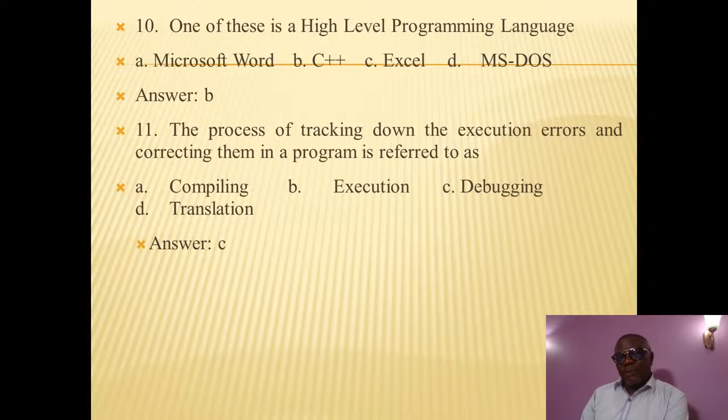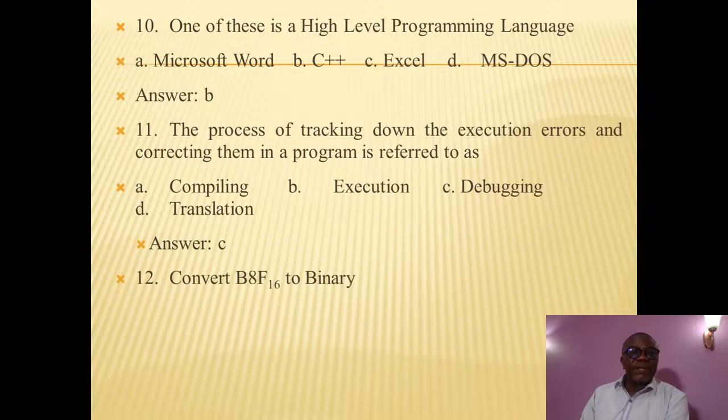So you can look back in our lectures on computer module 014, module 7, and module 6, and there you will get what each of these terms do or represent. That is compiling, execution, debugging, and translation.